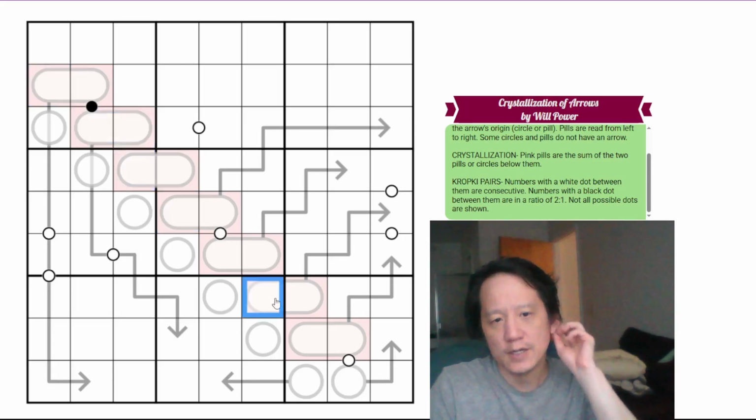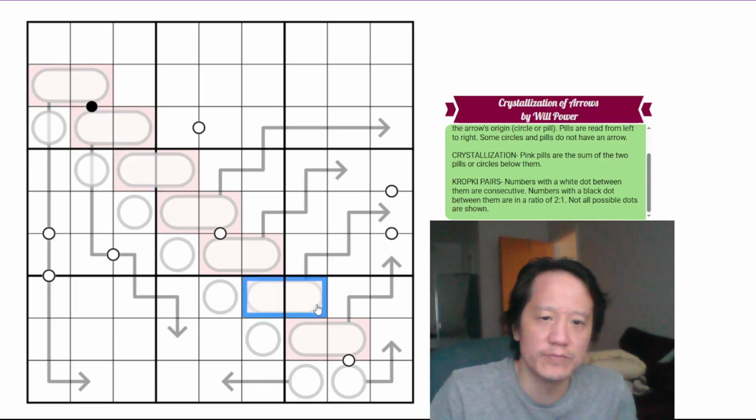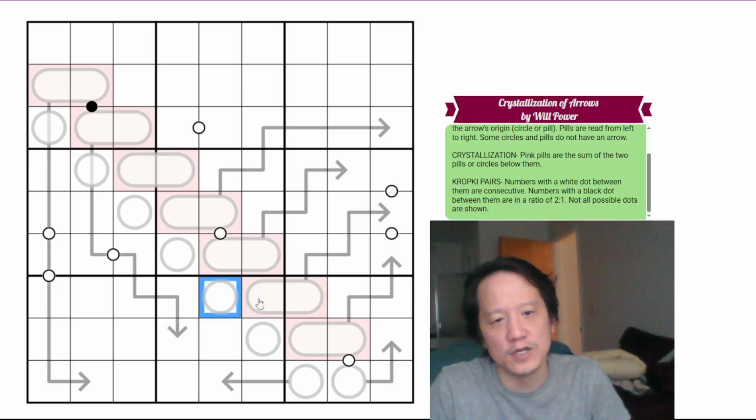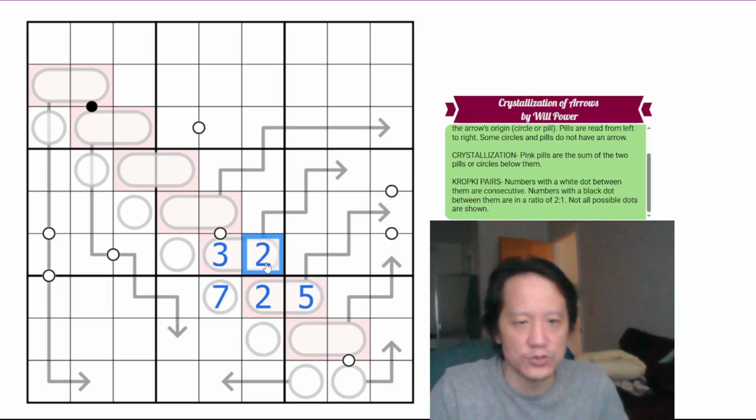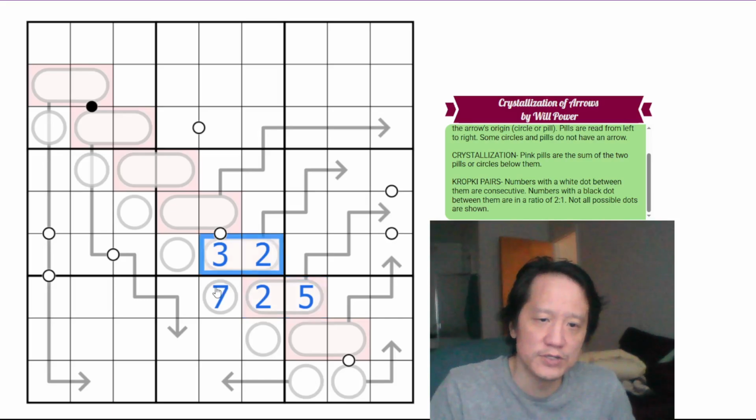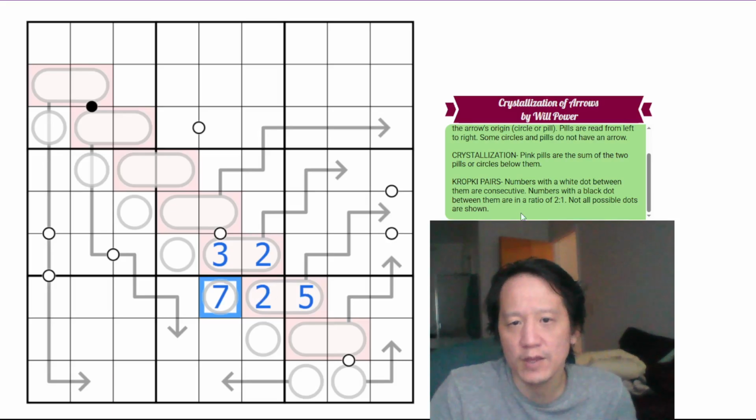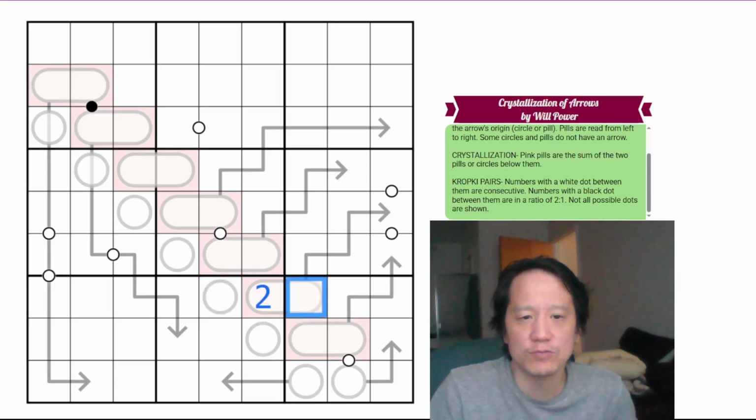So, for example, if this were, say, 25 and this were, say, 7, this would have to be 32, because this pill is a sum of this pill plus this circle. And that's how crystallization works.